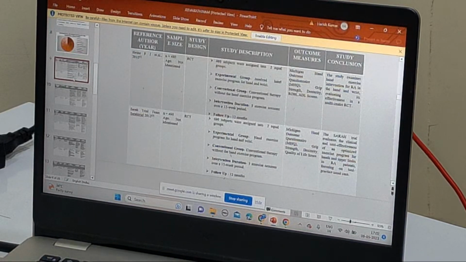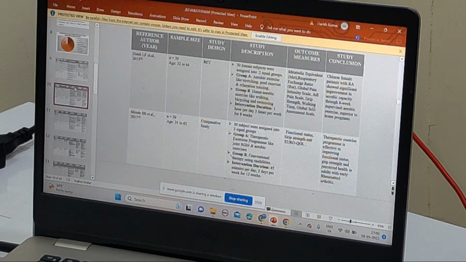The first focused on the development and delivery of the ZARA approach, a large multi-centered randomized controlled trial, and they did not conclude the effectiveness. Its effectiveness was concluded in another study, the ZARA trial team study, in the second reference, where they sought to determine the clinical and cost effectiveness of the ZARA approach, shedding light on its potential benefit for RA patients.